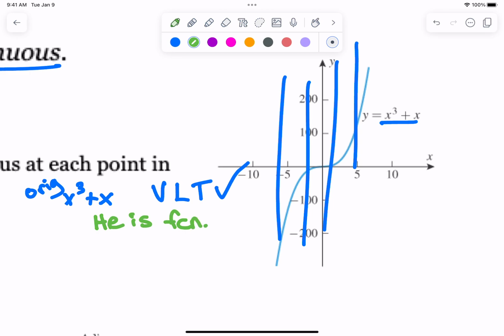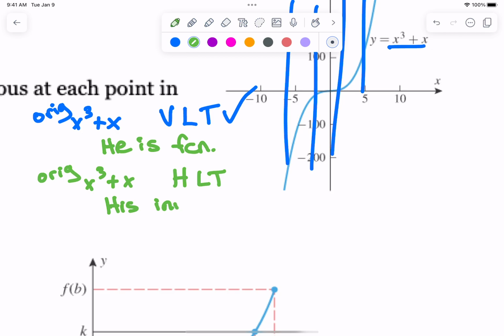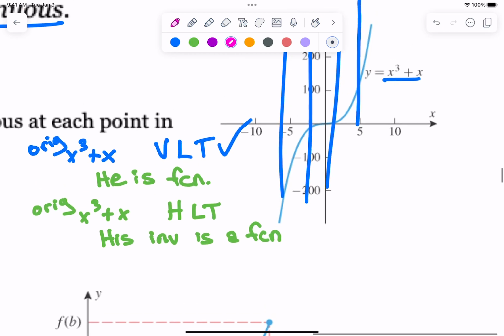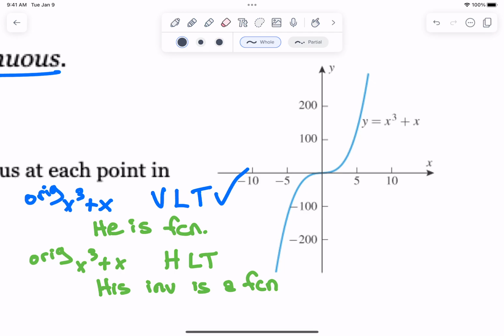Now, if I take the original, which is x cubed plus x, and I do the horizontal line test, that tells me whether its inverse is a function. If I do the horizontal line test, does it check out? Yes, that means it will have an inverse.